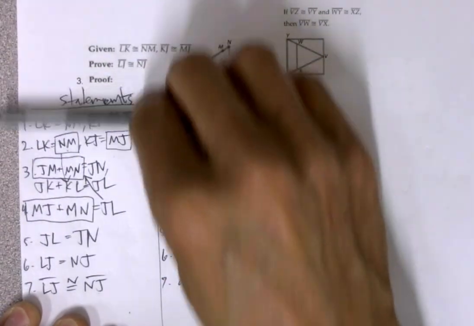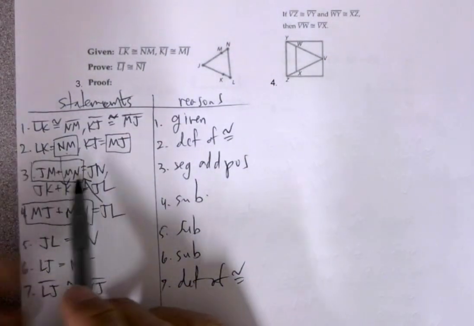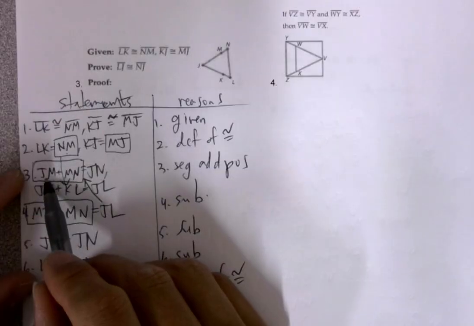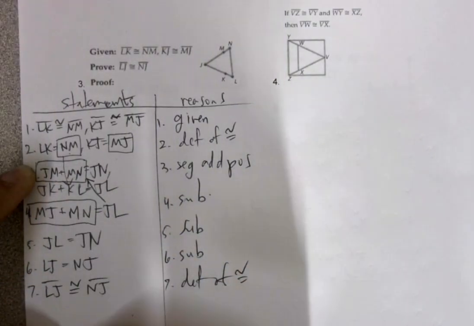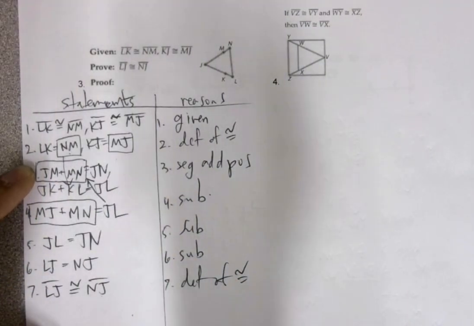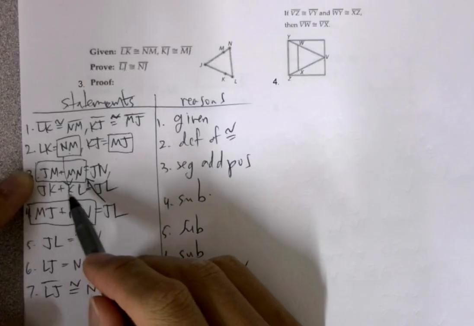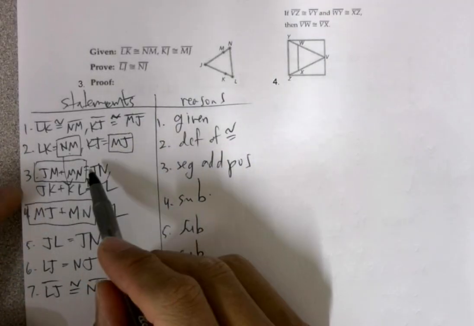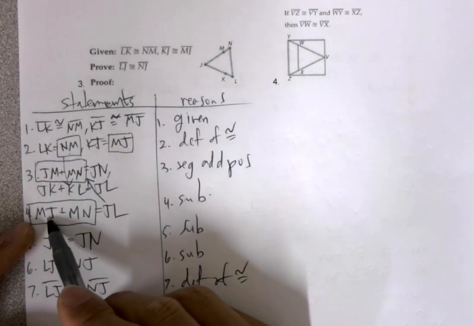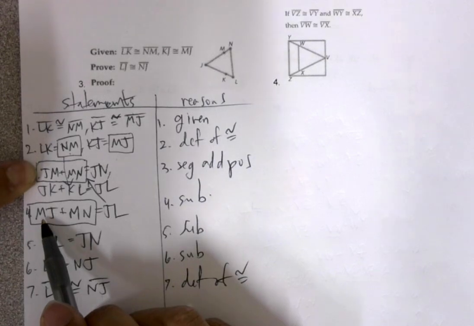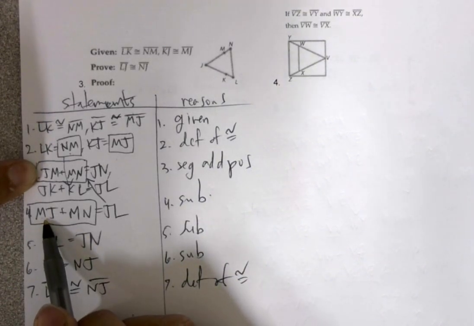So this problem is a bit confusing because the order that we had the line segments in, the line measures, were in reverse. But you need to understand that JM is the same as MJ. These are the same exact measure of a line segment.